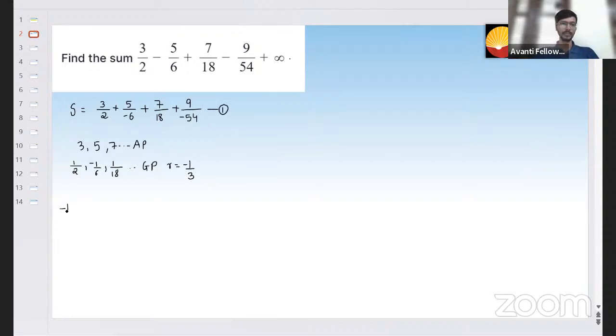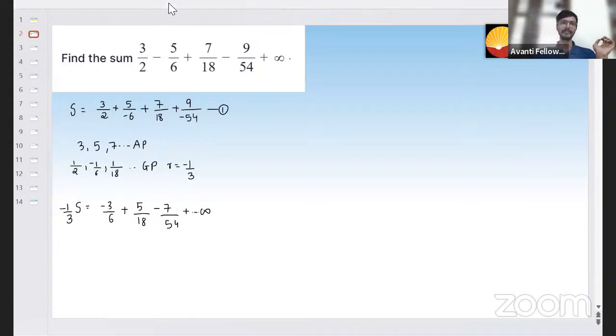Let this be equation number 1. So I'll get minus 1 by 3 S is equals to minus 1 by 3 times each term, minus 3 by 6, plus 5 by 18, minus 7 by 54 and so on up to infinite terms.